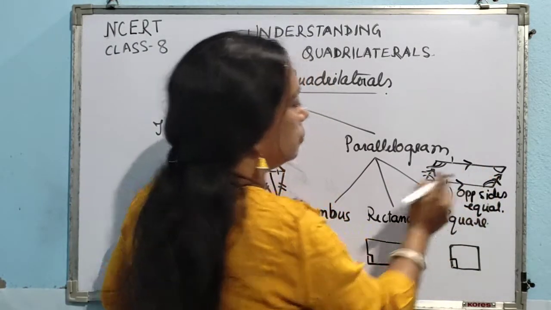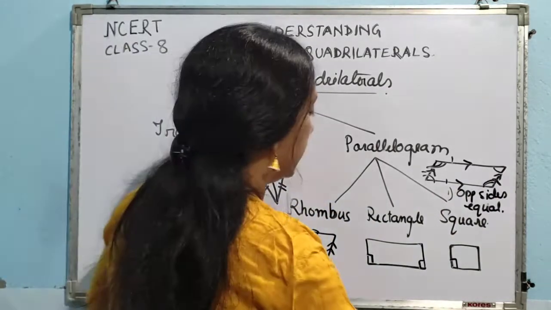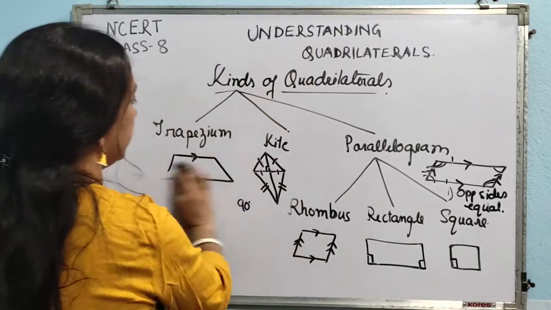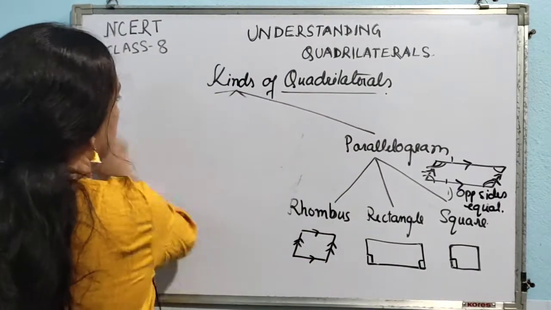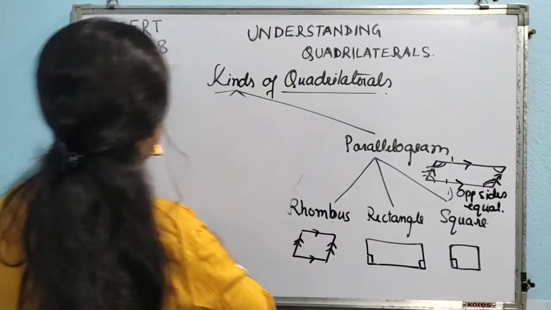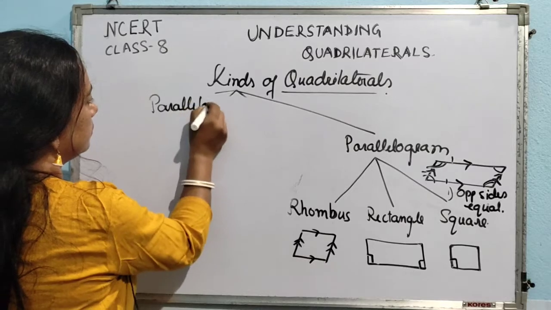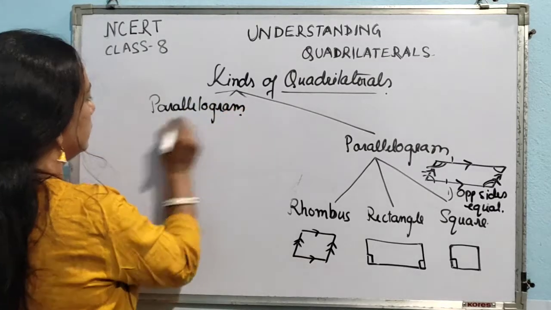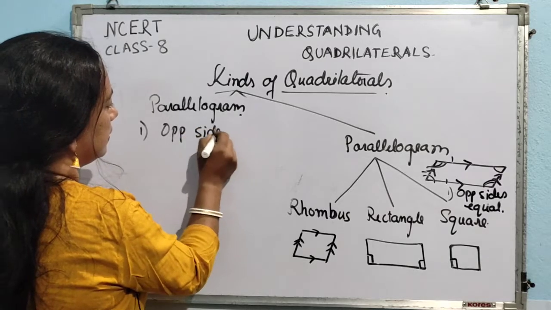Third one, adjacent angles will be supplementary. Now why do we say that adjacent angles are supplementary? Okay, I am writing some of the properties here. In case of parallelogram, what will happen? Parallelogram, number 1, opposite sides equal.